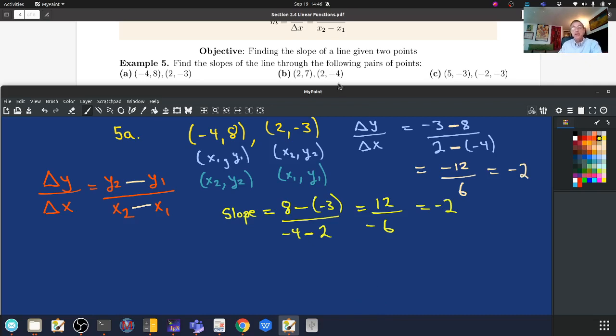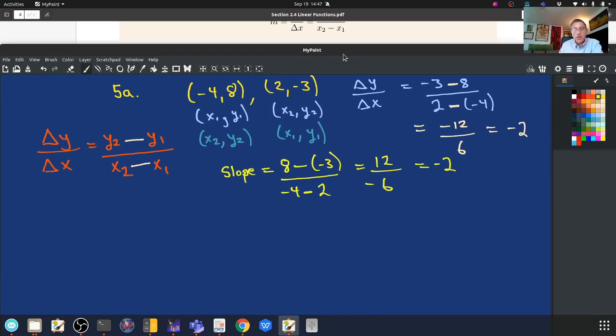So here is the conclusion. When a mathematical formula allows human choice, then the result is always the same no matter which choice you make. So you can choose the first point to be x1, y1, and the second point x2, y2, going from left to right, or the other way around, and it does not matter.